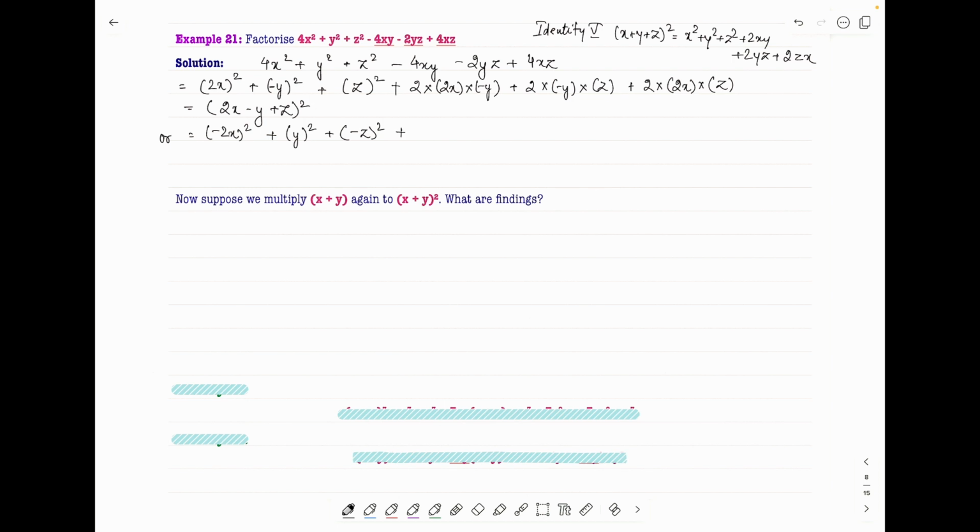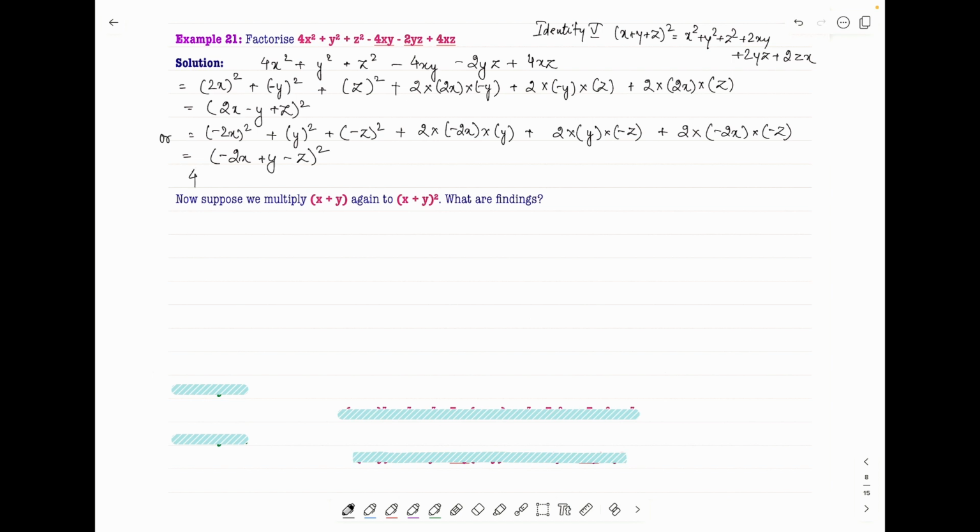This will become 2 into minus 2x and y positive, then again I add 2 into y positive and z negative, minus z. Then again I add 2 into minus of 2x and minus of z. So the answer will be minus 2x plus y minus z whole square.